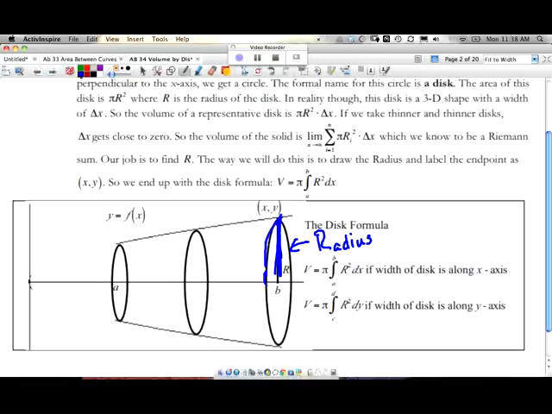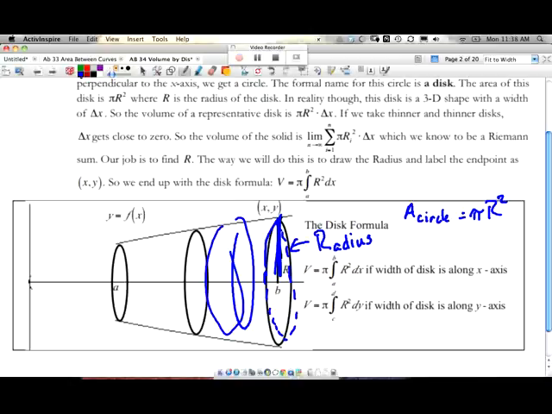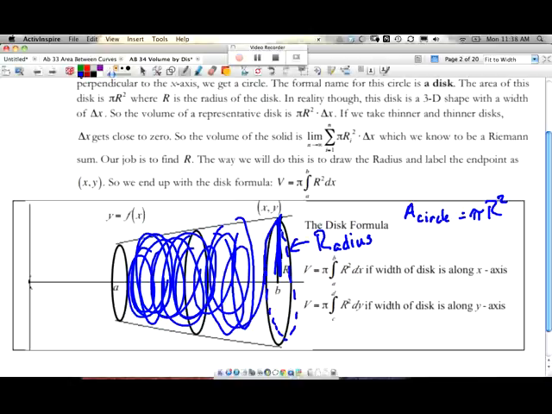And if we take that and we rotate it around 360 degrees, we can turn it into a circle because we know that the area of a circle is pi times the radius squared. So essentially what we're going to do is add up a bunch of these circles all the way down, and then we get this 3D rotation that fills it all in here. And that's what this volume is really doing.